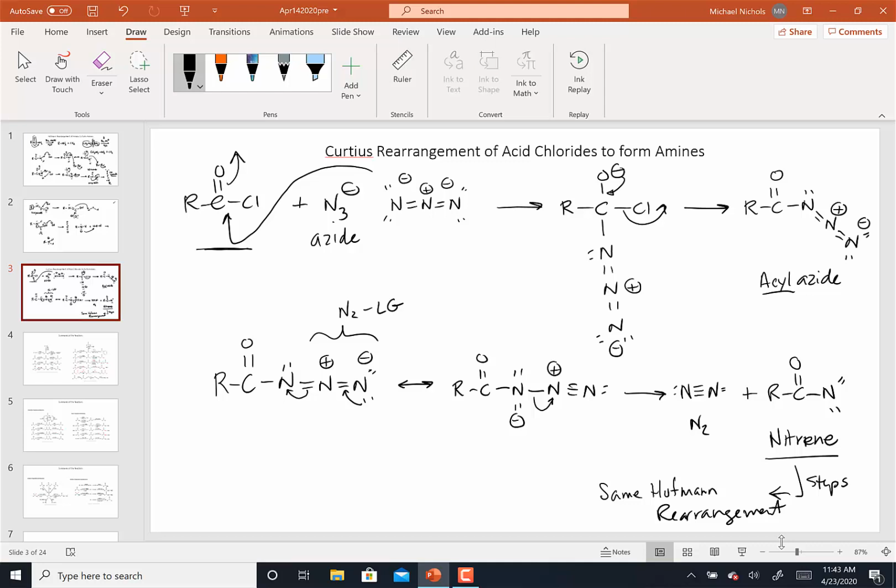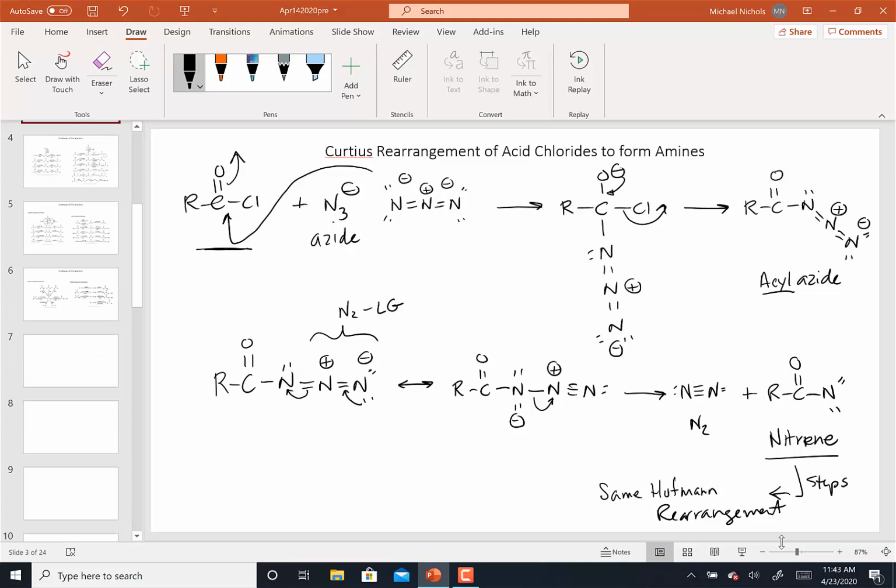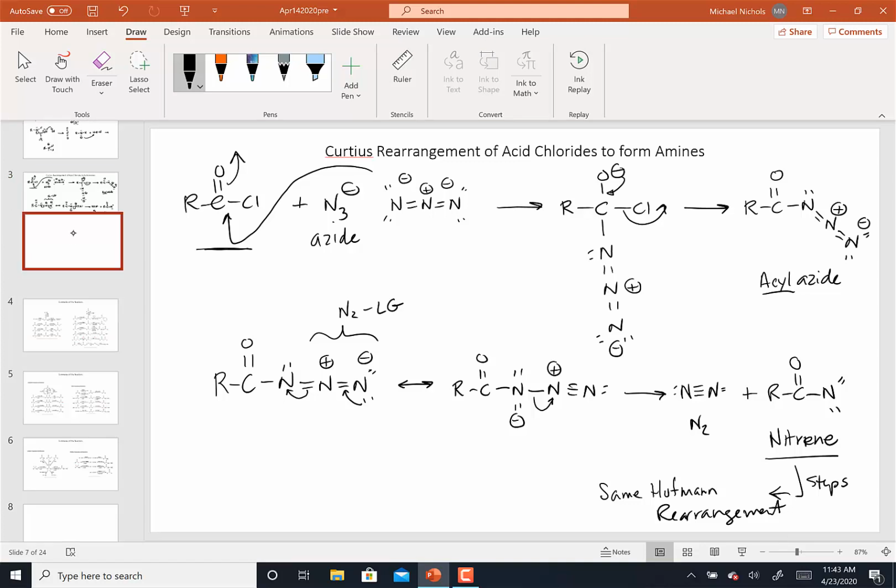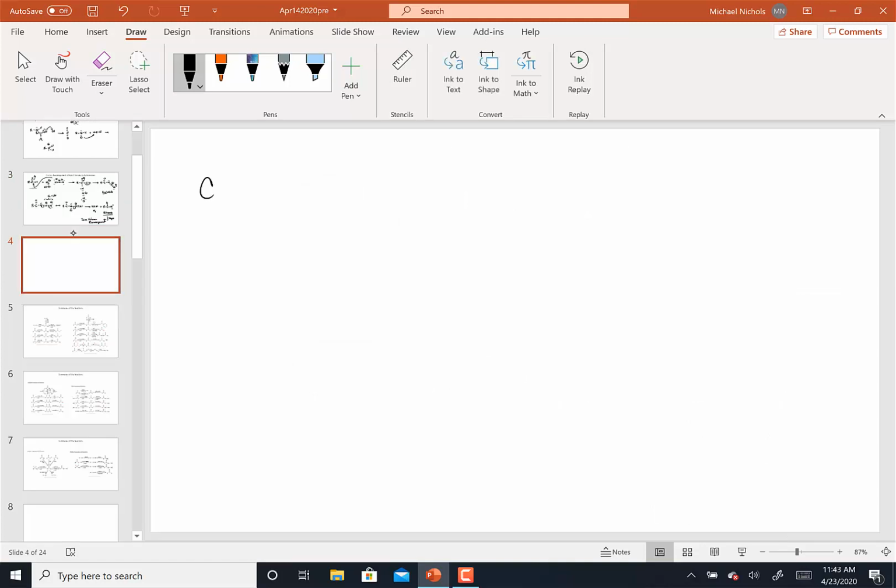So if I move up another slide here. So if I'm taking this acid chloride and I'm going to react it with the N3 minus, and we're reacting with water, but then again, the azide, sometimes you'll see it written in the book as N3 minus.